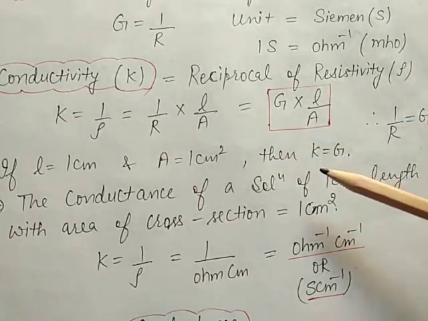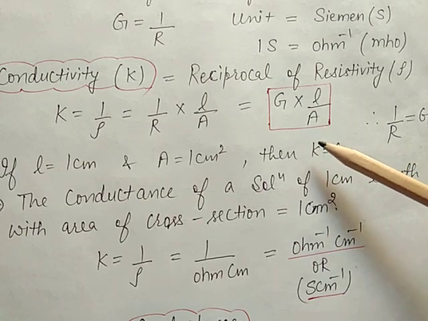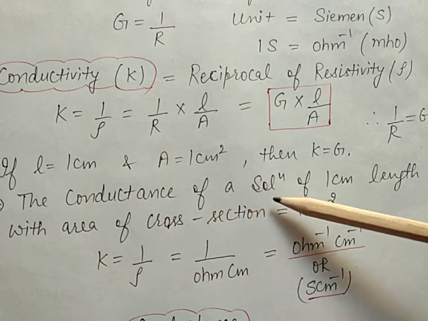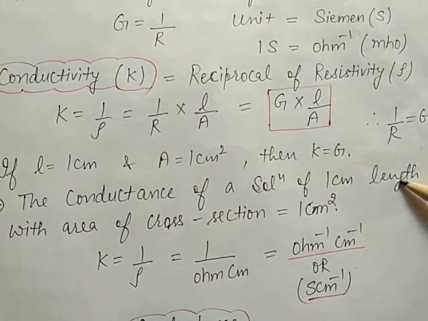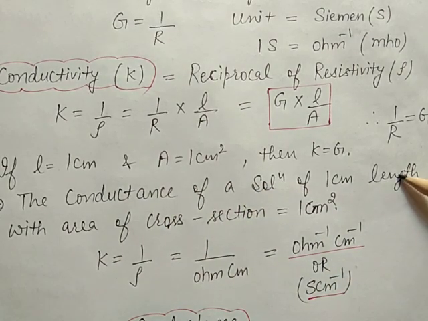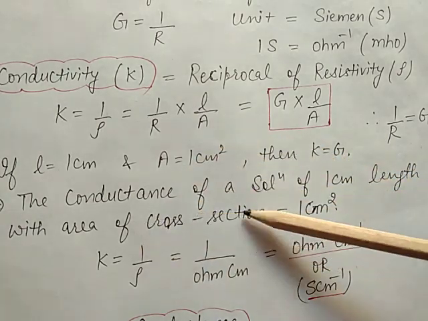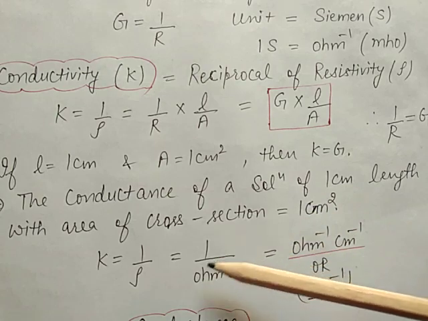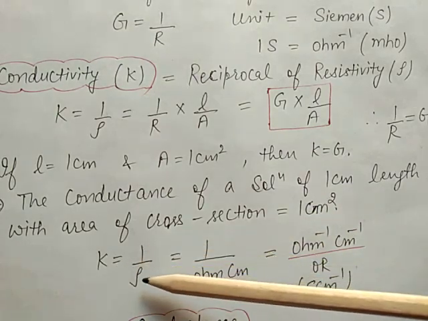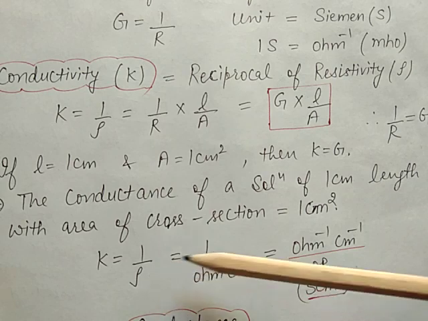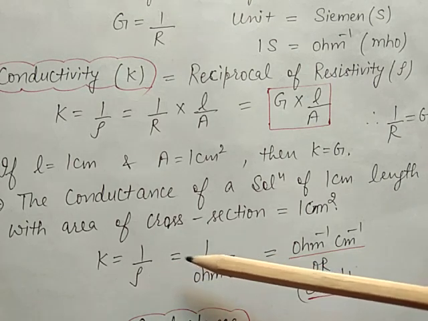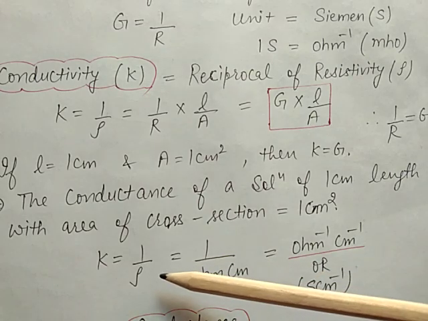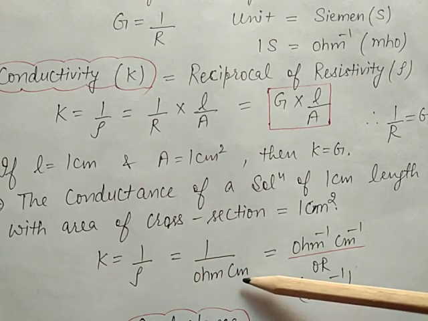How will you define conductivity? It is the conductance of a solution of 1 centimeter length with area of cross section 1 centimeter square. Means K is equal to 1 by rho. It means 1 by ohm centimeter. The unit of rho is ohm centimeter.